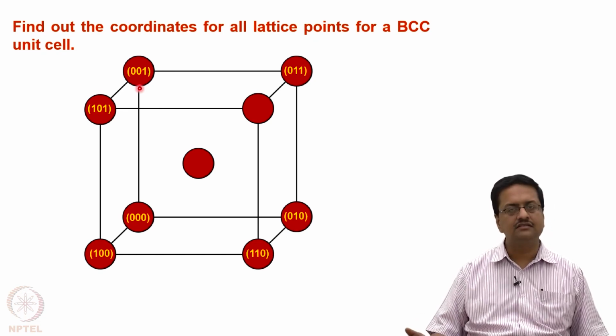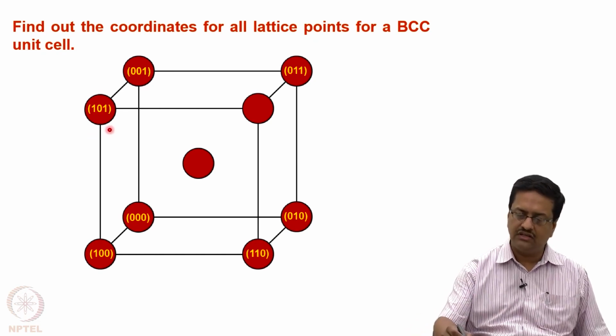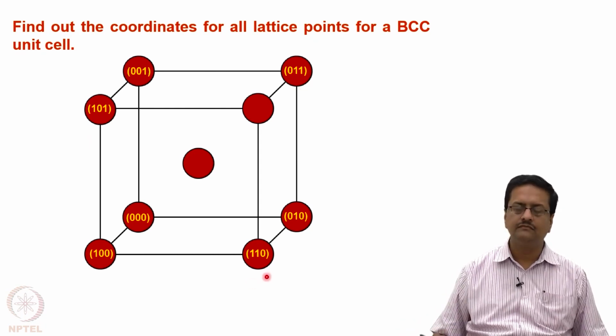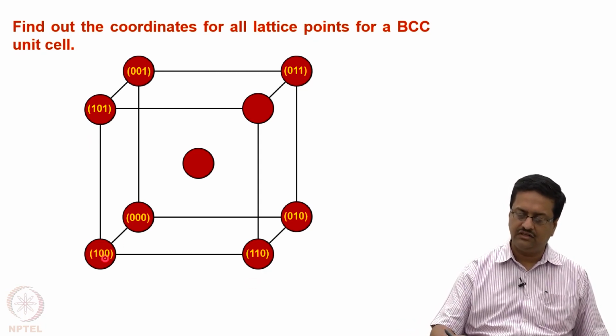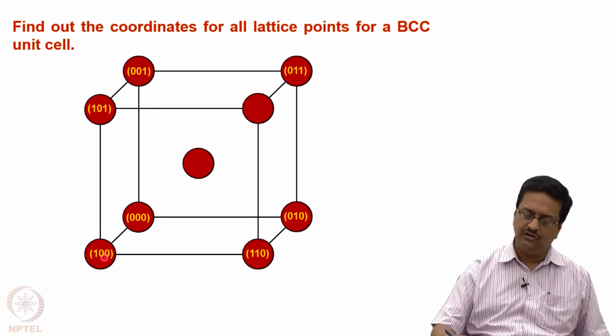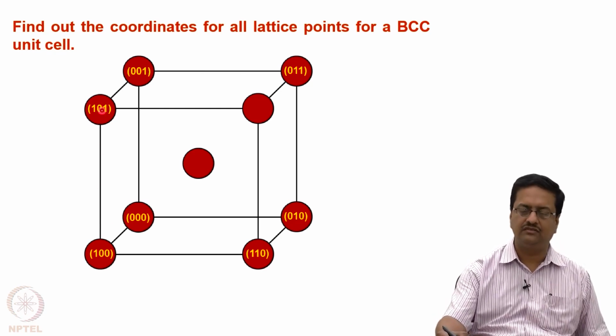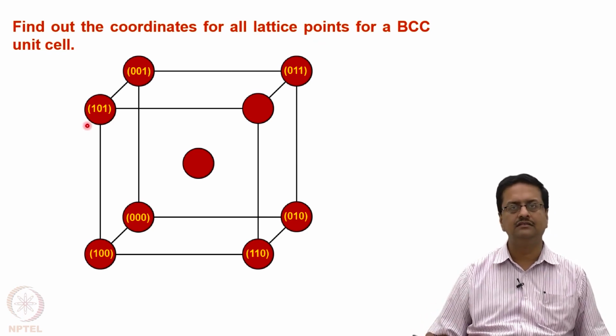Then the other corners, which are now here 1, 2 and 3, they are first 1 unit away along x, 1 unit above along z, and 0 along y, so this point is 1, 0, 1.